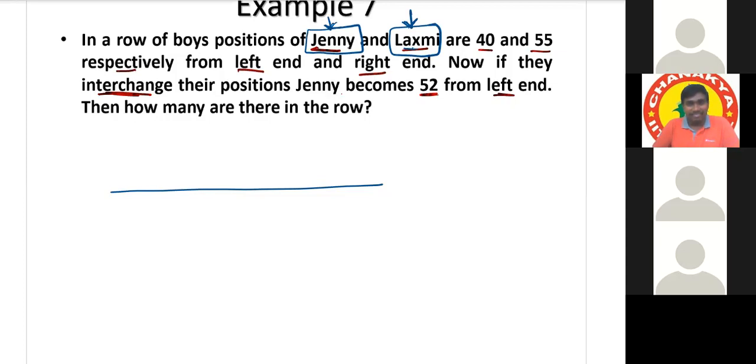Anybody answer? Final answer. How many are there in the row? Take your own time. Sir, 106 people. 106? Yes, sir.